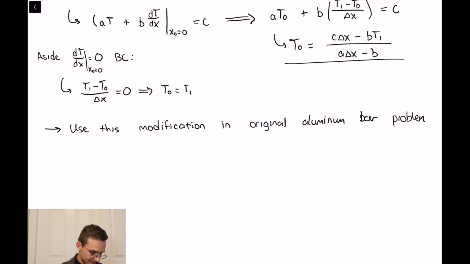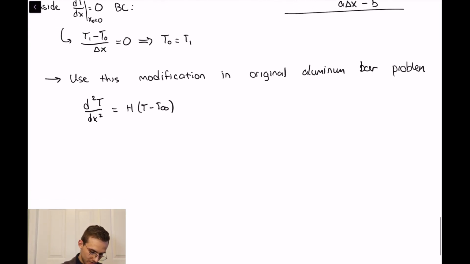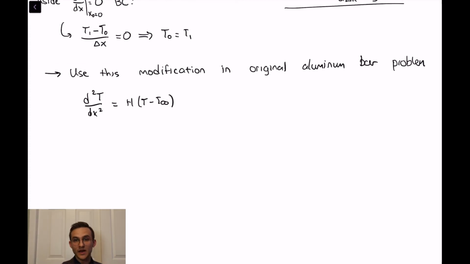Okay, and what I mean by that is we take our d squared T/dx squared equal to h (T minus T infinity). So that was our governing equation, same thing as before. And we're still going to have the temperature at L, at the right boundary, be equal to 400 degrees Celsius. But now we're going to enforce this general Robin boundary condition at the left-hand boundary: a T plus b dT/dx evaluated at x naught equals 0.